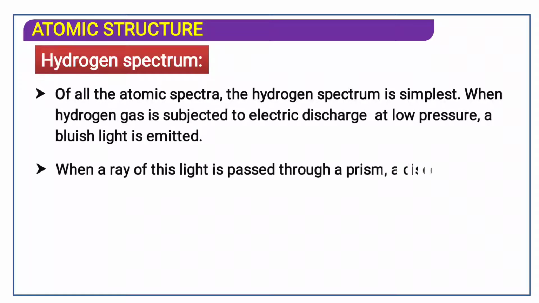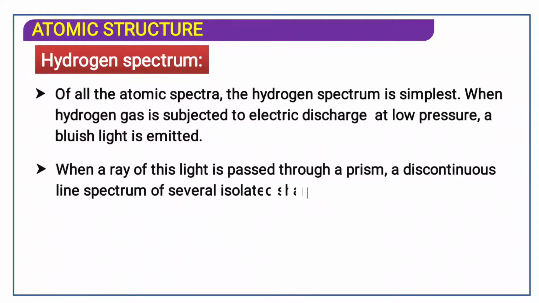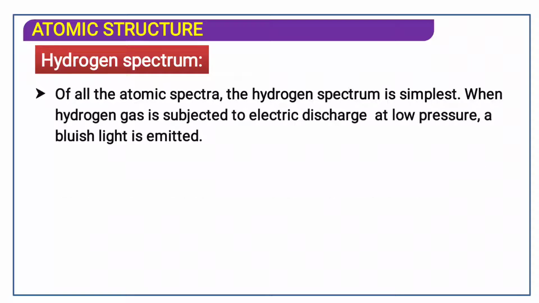When that blue light is passed through a prism, a discontinuous line spectrum of several isolated sharp lines is obtained. Remember carefully, I repeat again: when the hydrogen gas is heated, it emits blue light. That blue light is passed through a prism, that is, the blue light is dispersed into component light, and that component light is recorded as a spectrum, and it is a discontinuous spectrum.